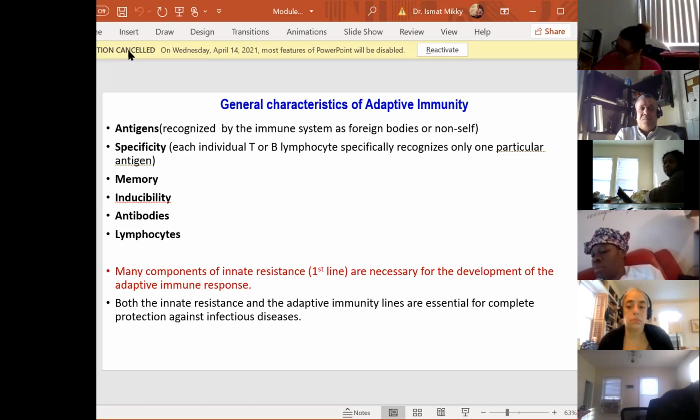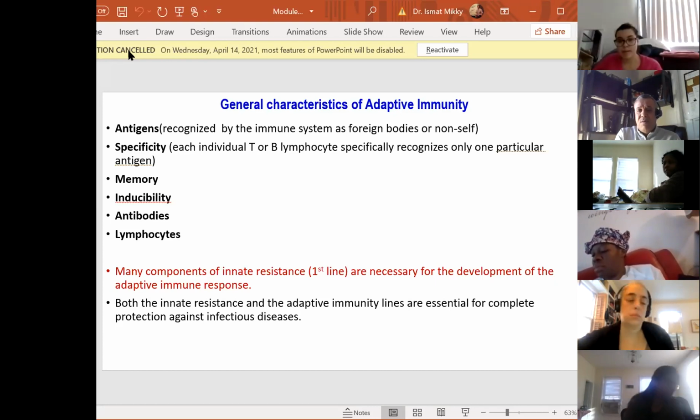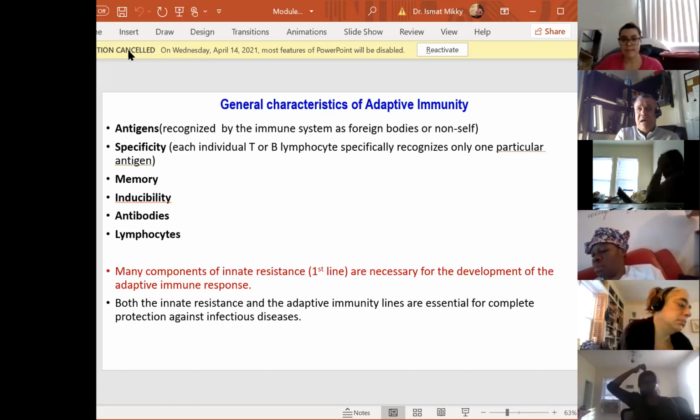What is the other name for antibodies? Immunoglobulins, which is Ig, like IgA, IgM, IgE, IgD. So they are immunoglobulins or antibodies, and they are produced from the B lymphocytes or B cells.